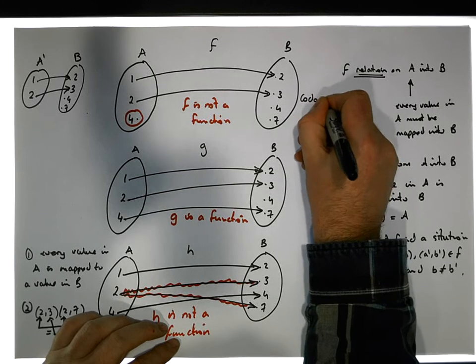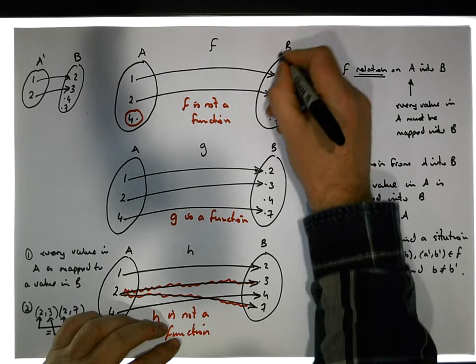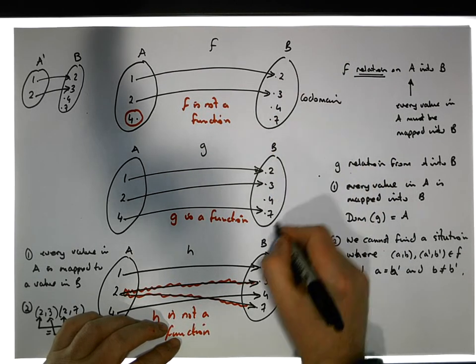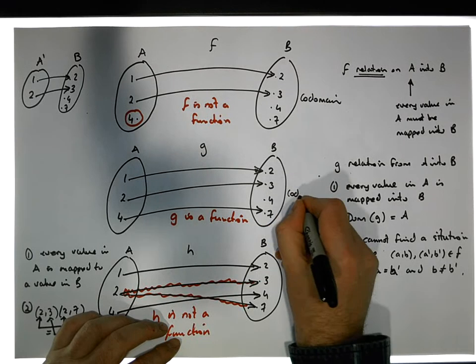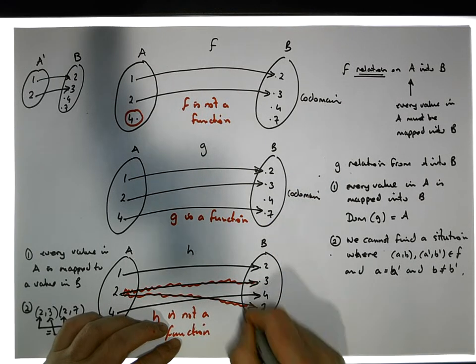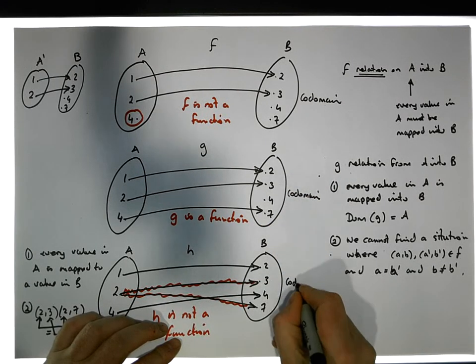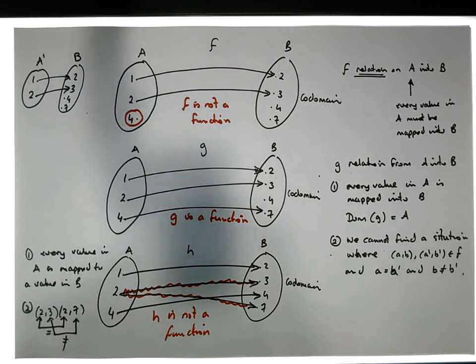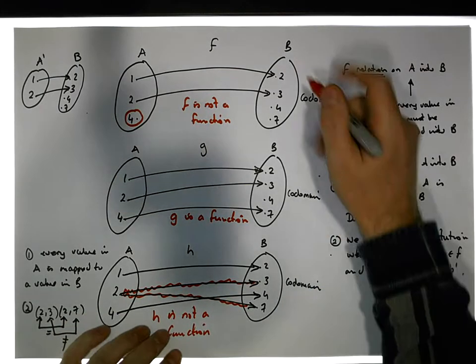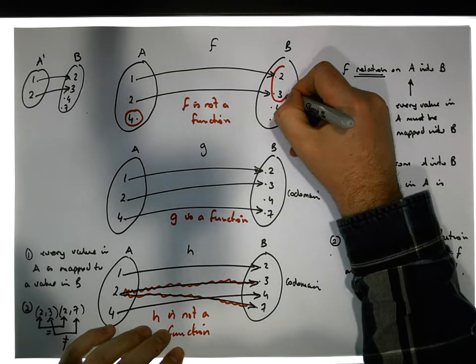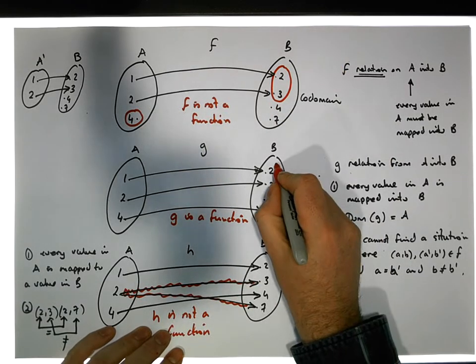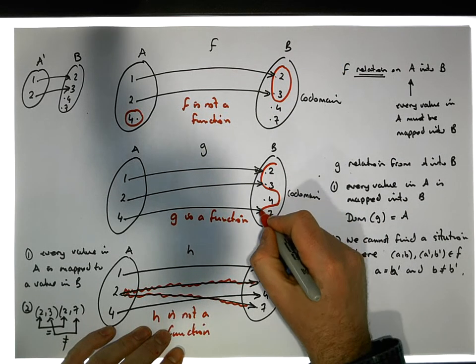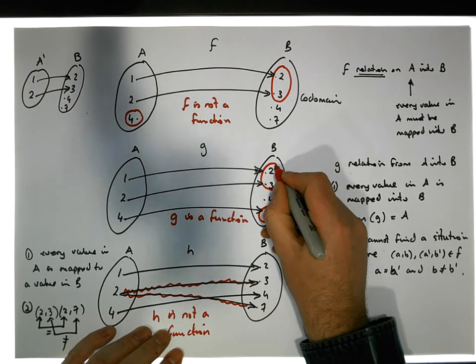So this black circle here, where all the values are, is known as the codomain. Now, the actual values that are mapped into, in this case, we have these here.